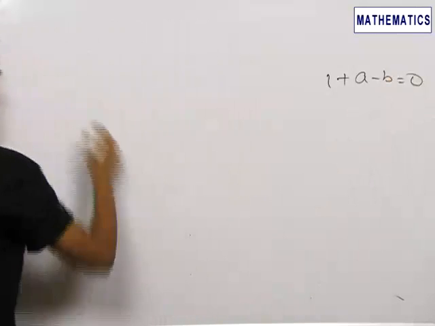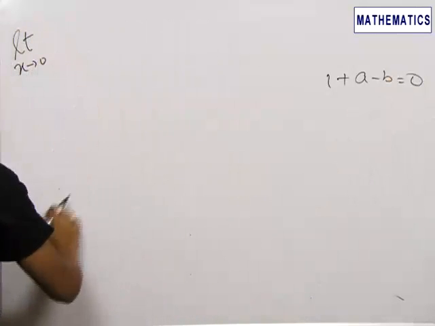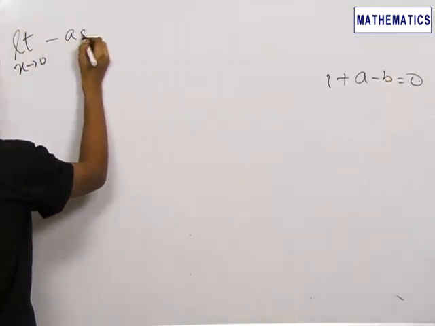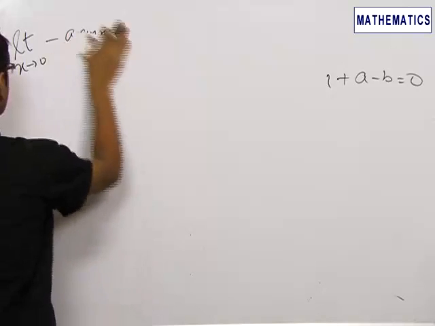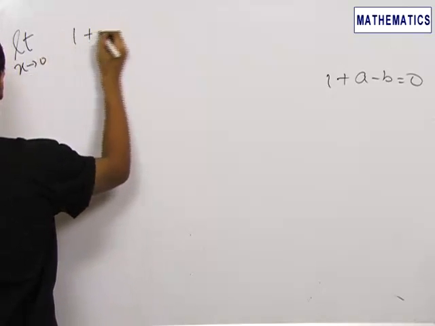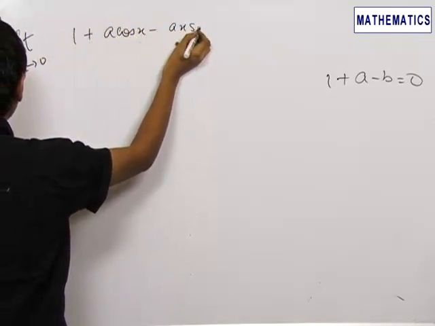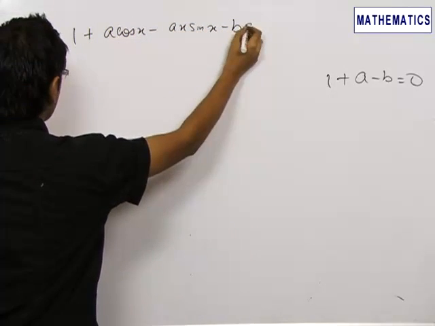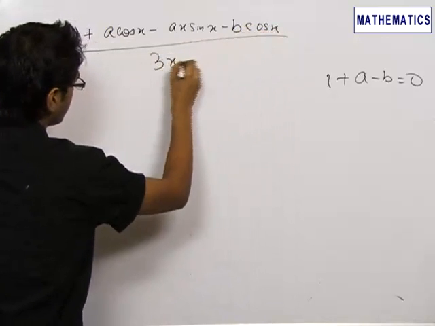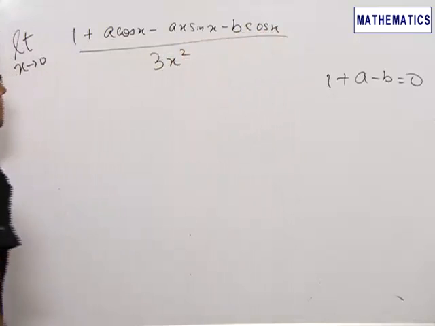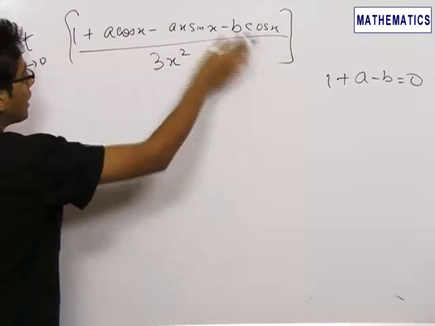So on the first differentiation, we got limit x tending to 0, 1 plus a cos x minus ax sin x minus b cos x. This was our question. Now this we converted into a 0 by 0 approach by making the numerator tend to 0.